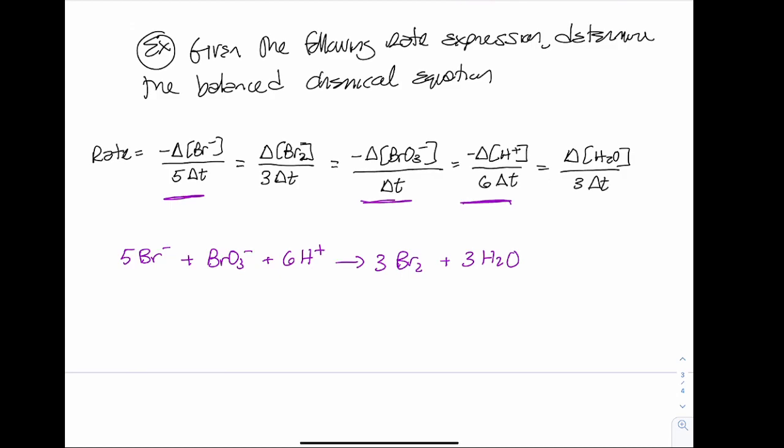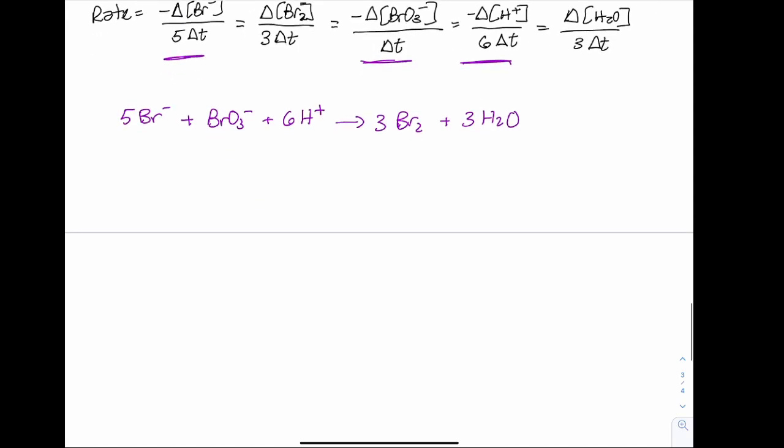I'll do an example where we're actually going to calculate rates. So where I give us some numbers. And let's use the hydrogen peroxide example that we had earlier. So 2 hydrogen peroxide, and that's decomposing to produce 2 water plus 1 oxygen molecule. So 2 hydrogen peroxide going to 2 water plus 1 oxygen.